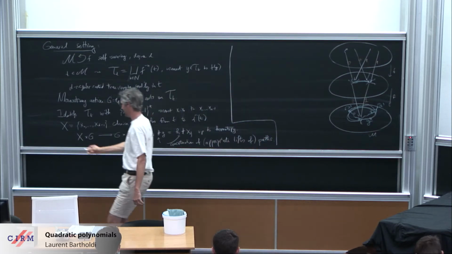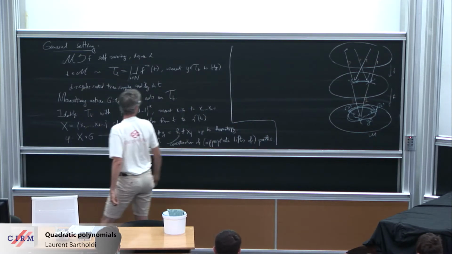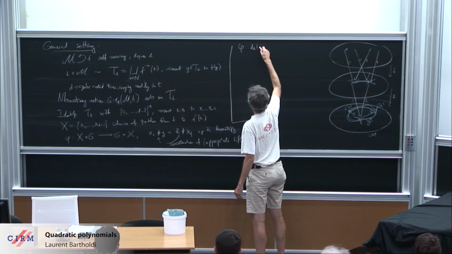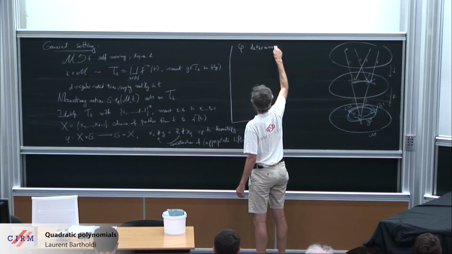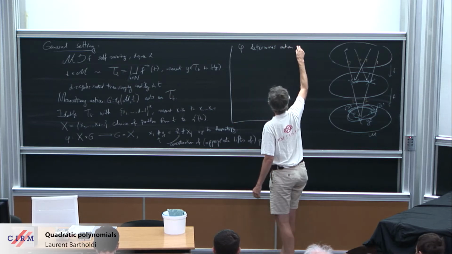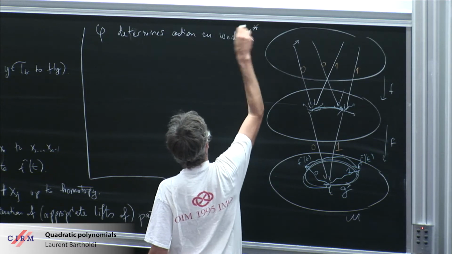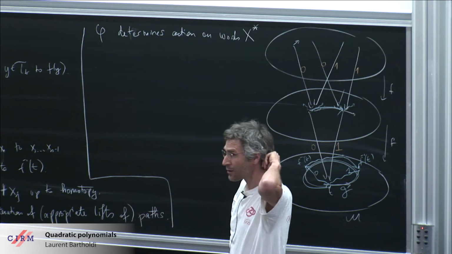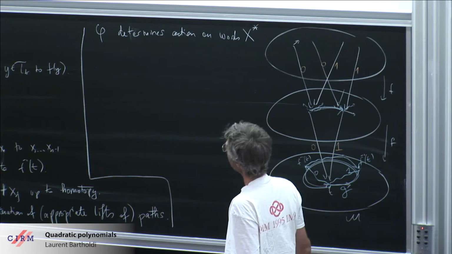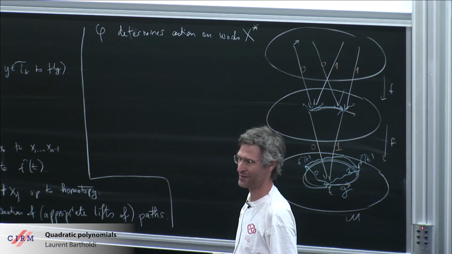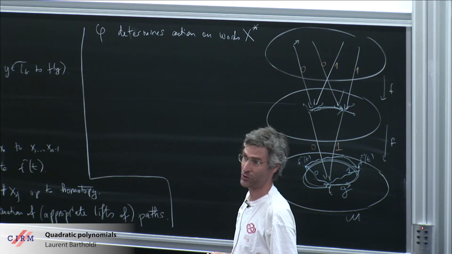Let's go back. So X star is the space of words. Now, unfortunately, there's a terrible confusion in this area, which comes from left and right choices. There's just no way to get out of it.